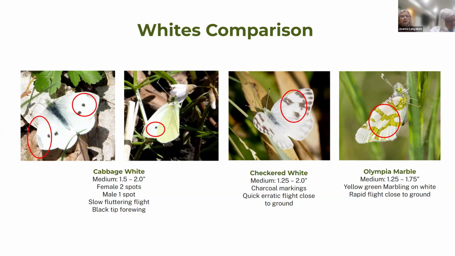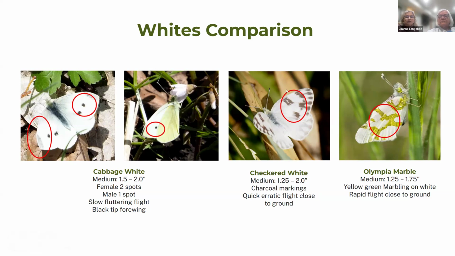Go to that area of your book or guide, and then just look at the circles, and you can easily see we've got an all-white butterfly with either one or two dots. This slide is slightly faded, but when the butterflies are older, they have lost a lot of their scales, and so the colors will be blurry or just duller. But there is a black tip on the forewing.